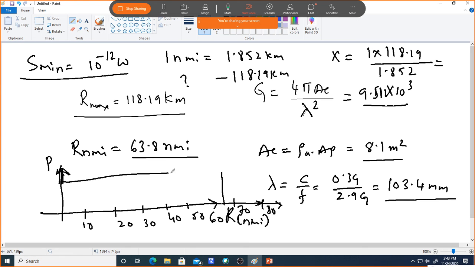Till that value you'll have the minimum detectable signal power as 10 power minus 12. Beyond that it will become 0, because we cannot detect the signal beyond this range. So this is what we need to sketch. Okay, is it understood?